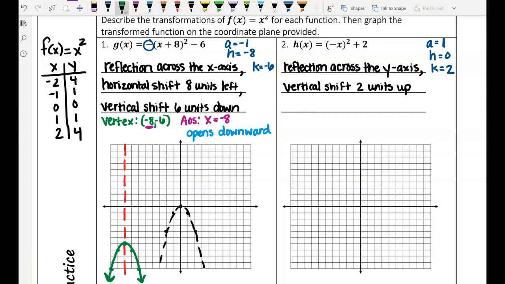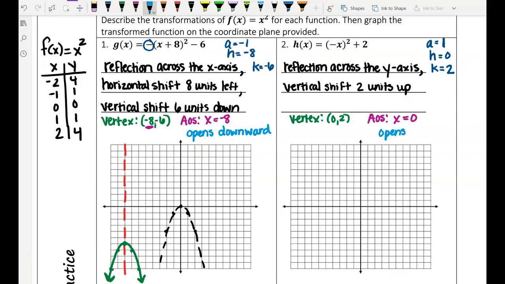So my vertex is what values here? Again, it's h, k, so it's 0, 2. What is my axis of symmetry here? X equals 0. And does this open upward or downward?